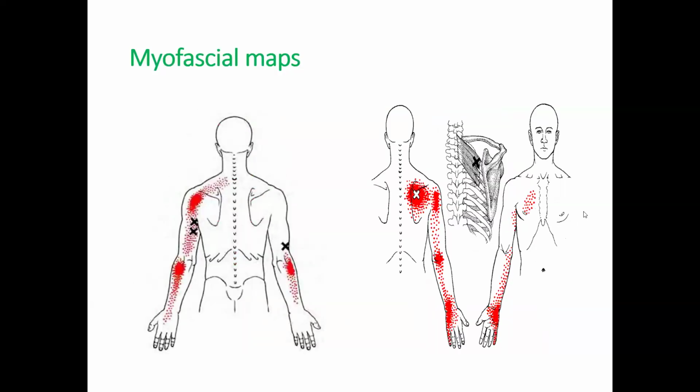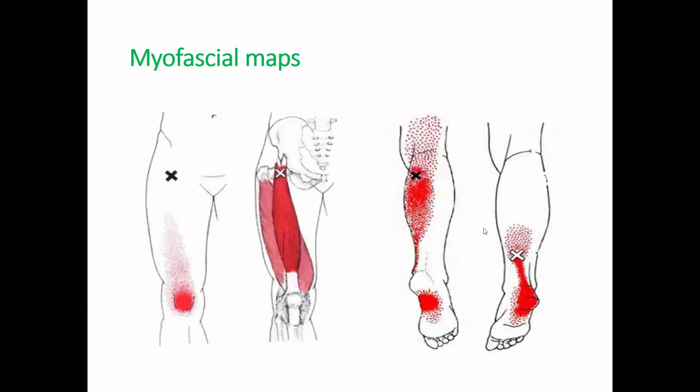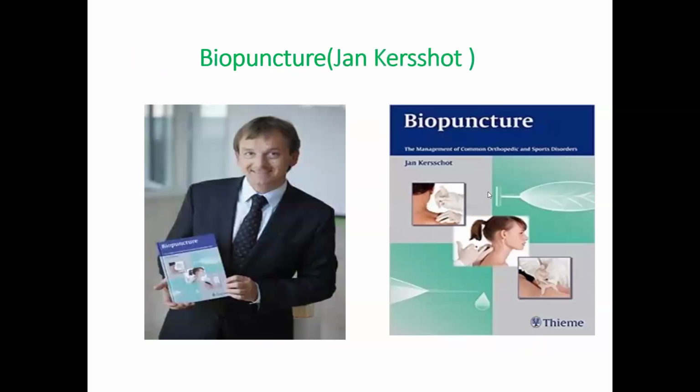Other trigger points here are in the lower extremity, like the quadriceps, for example, the soleus muscle. All right, another technique that I learned during my stay in the United States was biopuncture, developed by this gentleman from Belgium here. His name is Jean Kersschot, and he has a nice book that you can buy.